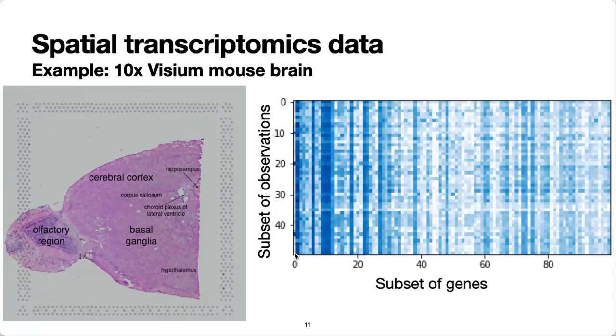You can already see, for example, in this first gene, which I believe is the TTR gene, that there are particular spatial locations where it's very dark, but it's also very light in many other spatial locations. So that's a spatially variable gene. And it turns out that it's an indicator of the choroid plexus, which is a very spatially narrow region.